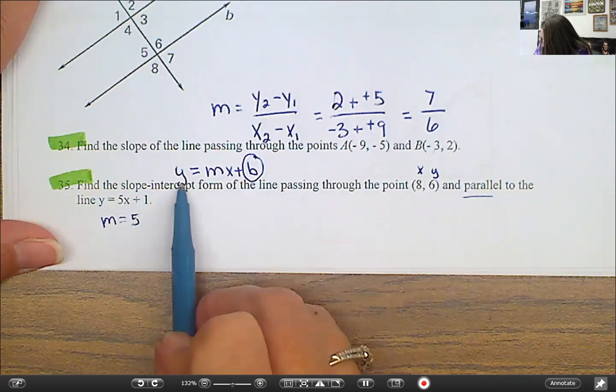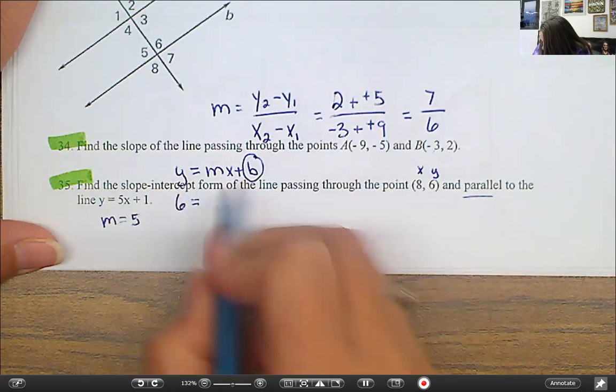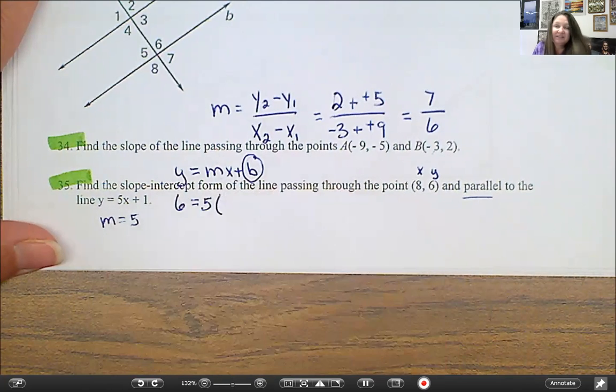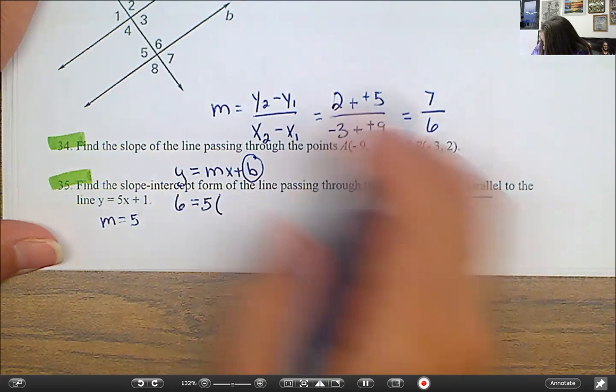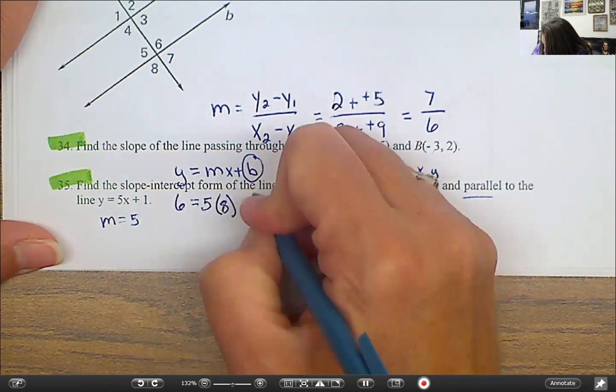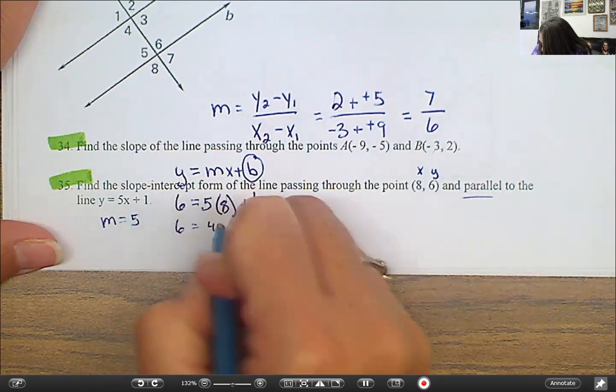So the y-coordinate that was given in the point was 6, the slope of that equation was 5, which will be the same as ours. The x coordinate given was 8, and then we want to solve for b. So 5 times 8 would give us a value of 40.